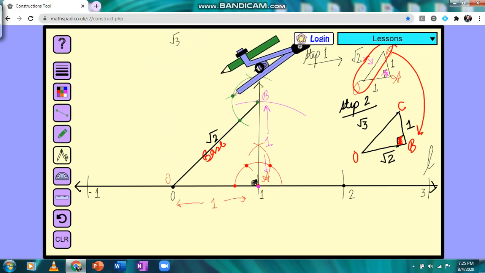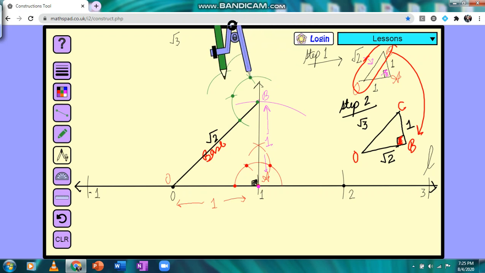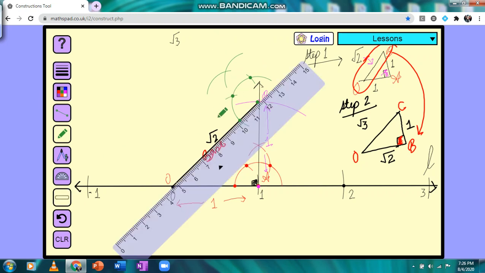and I want to obtain a point here. And then join this. Let's take the ruler.